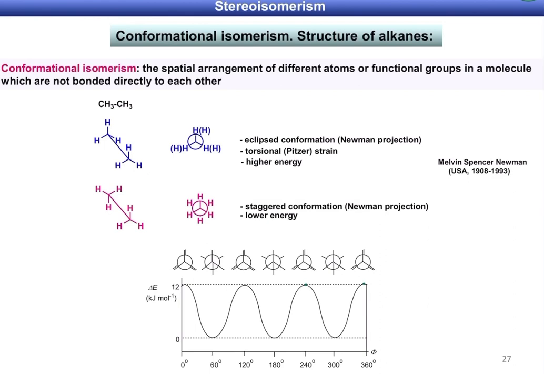It's very easy. For example, we have ethane. In 3D space, we can show it in this structure or we can show it in the Newman projection. As you see, if we look from this direction to this carbon, we can see this carbon here.